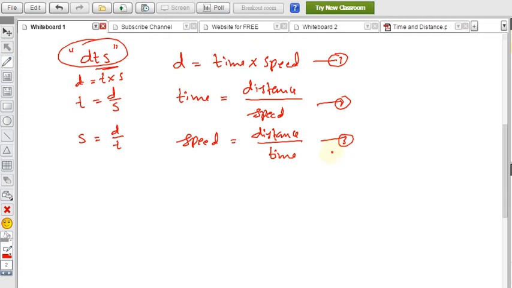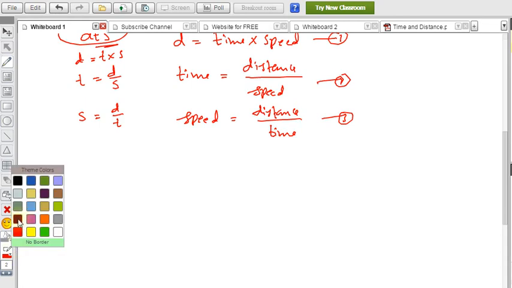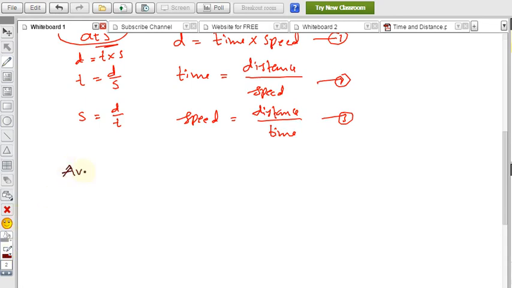Next we'll see the average speed. Average speed is nothing but the total distance covered by the total time taken, because actually speed is equal to distance by time.